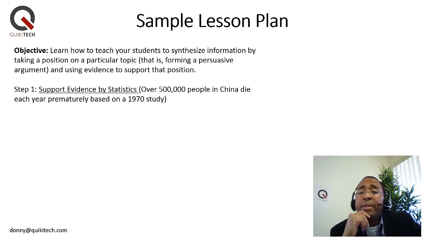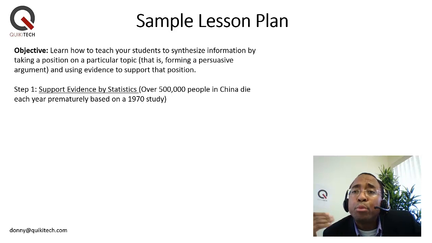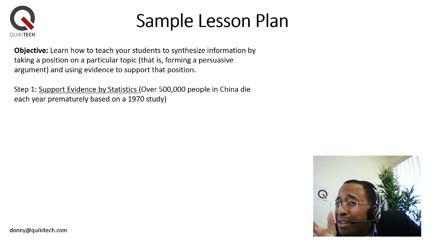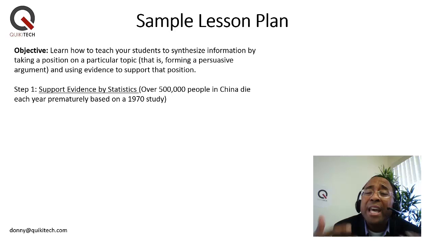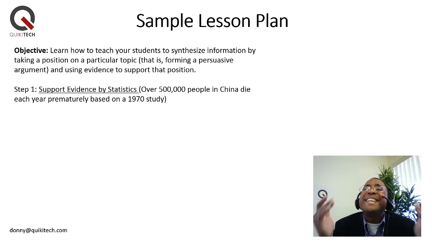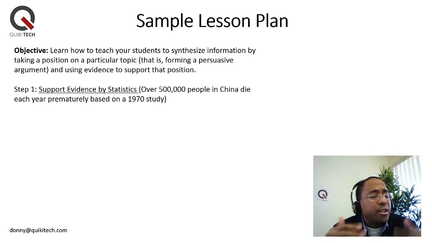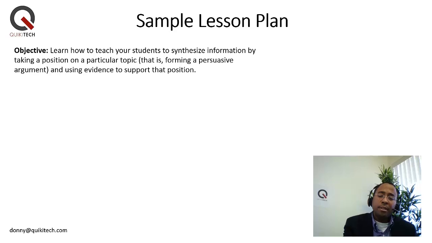But in 1970, a study came out that showed that over 500,000 people were dying prematurely because of poor air quality. Well, that number is huge. And being able to use that number to support a position, and maybe position is not quite the right word, but to support a statement is very critical.